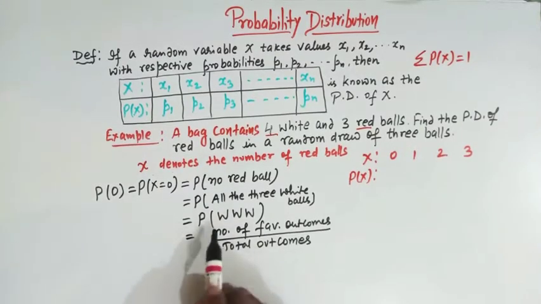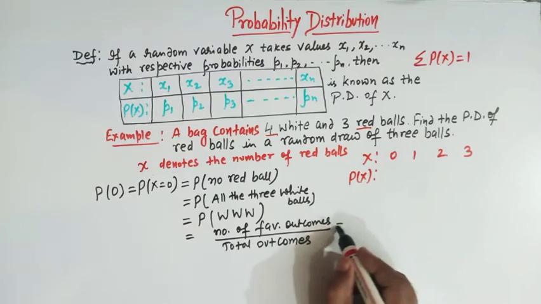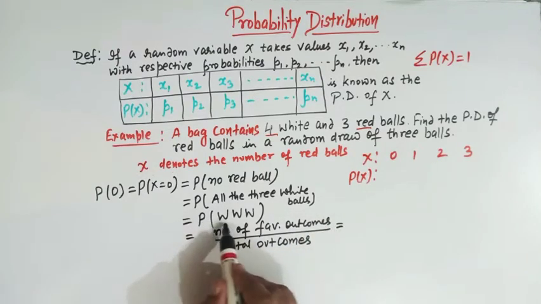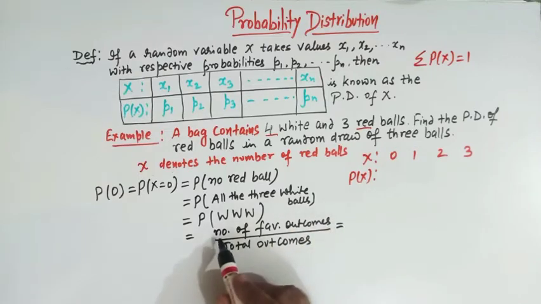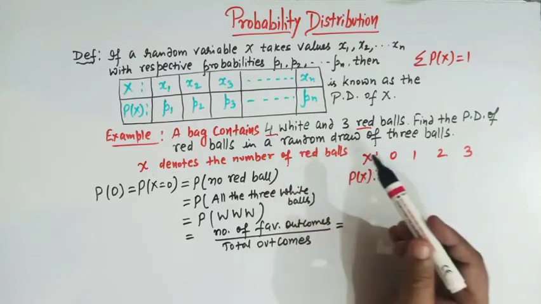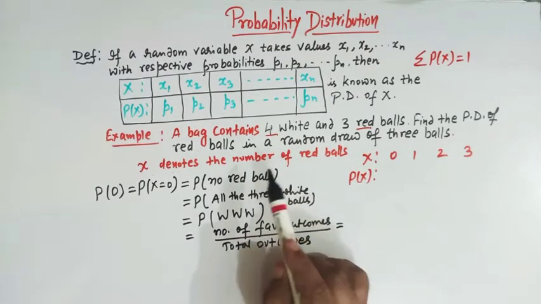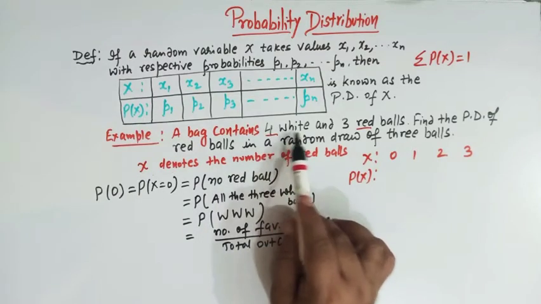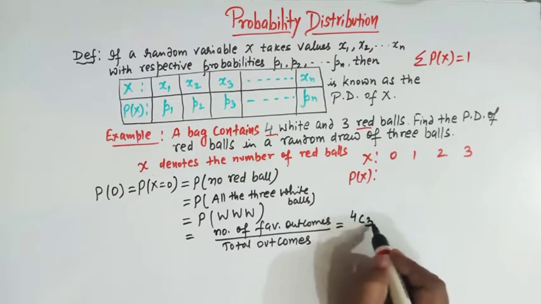Now the definition of probability of an event says that it is the number of favorable outcomes divided by the total number of outcomes. So the probability of getting all the 3 white balls can be written as number of favorable outcomes. We have 4 white balls and we have to select 3 balls out of 4 white balls, so this is 4C3.